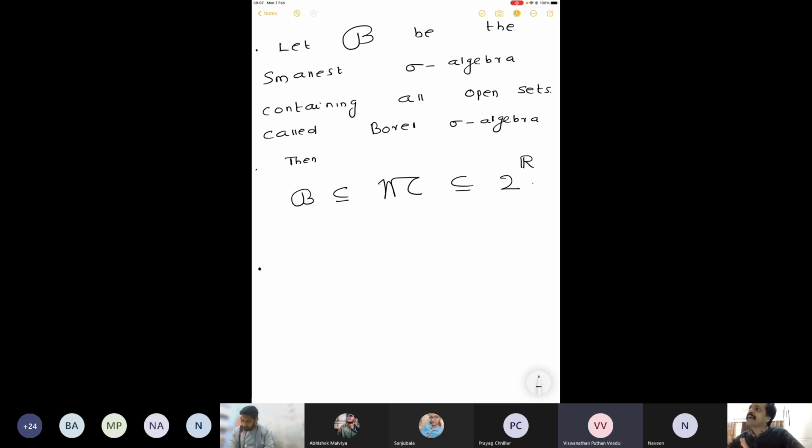A sigma algebra containing all open sets exists is clear. 2 power R is a sigma algebra containing all open sets. And in fact, we know M also is a sigma algebra containing all open sets. So existence of a sigma algebra containing all open sets is clear. The question is, how do you know a smallest one exists?